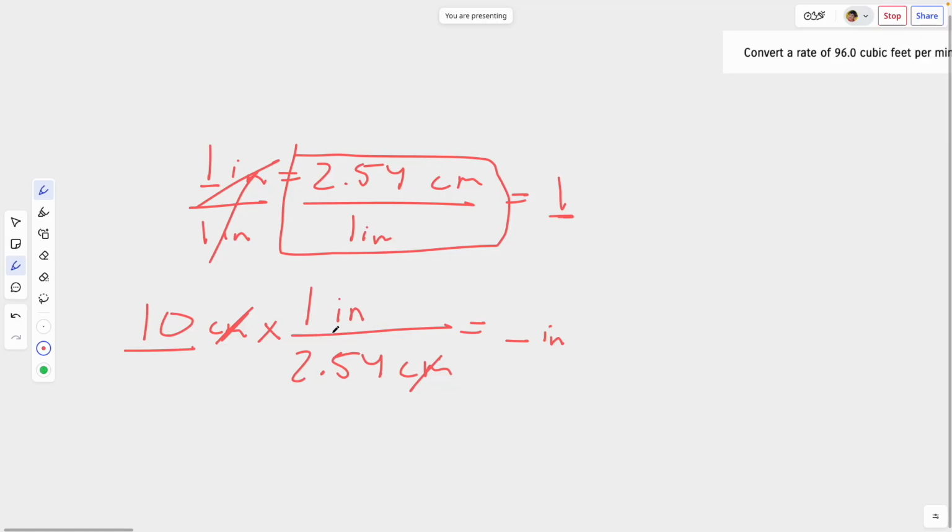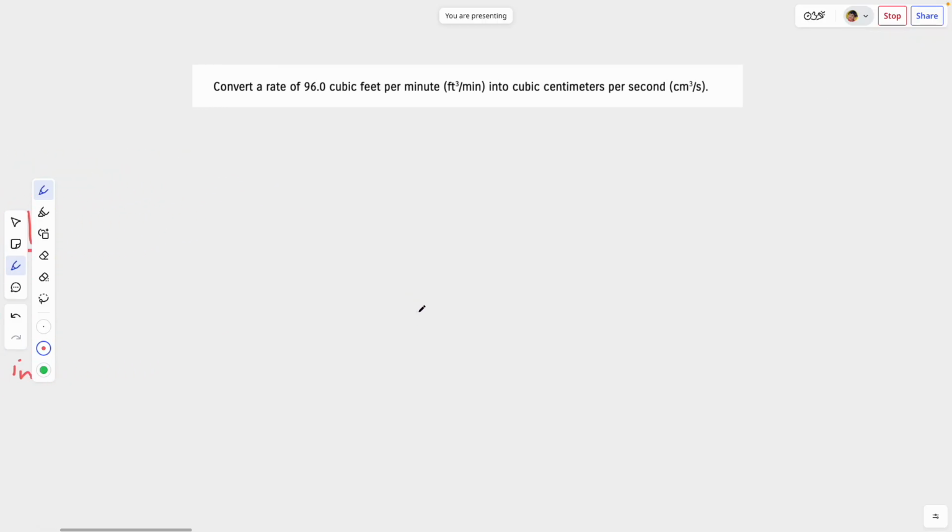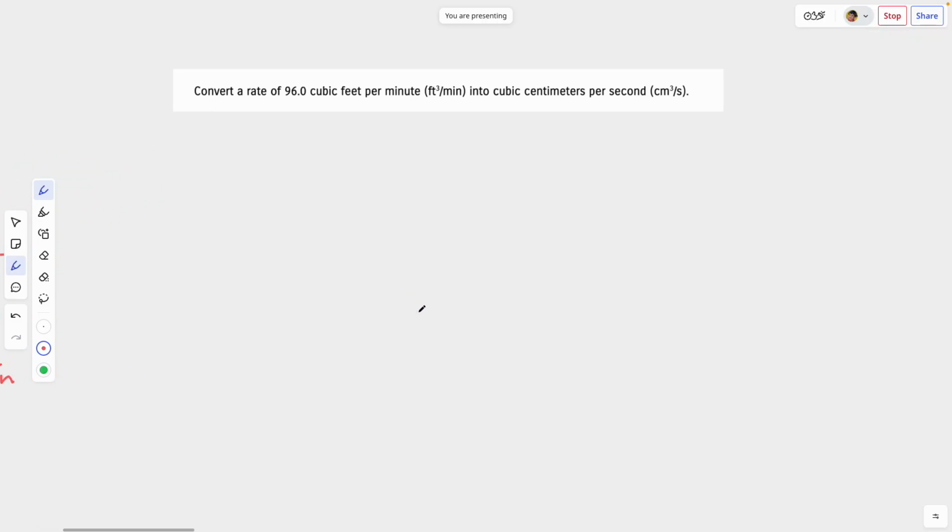So we'll take a look at our first problem now. Our first problem is convert a rate of 96.0 cubic feet per minute into cubic centimeters per second. So we have a rate of 96.0 feet cubed per minute. And we want to convert this unit into centimeters cubed per second.